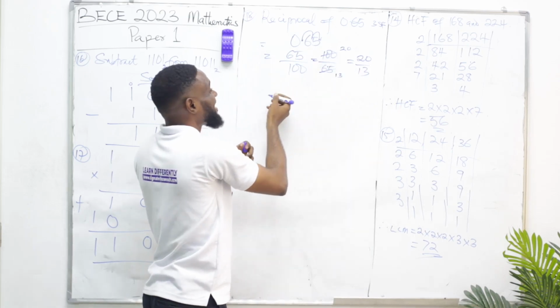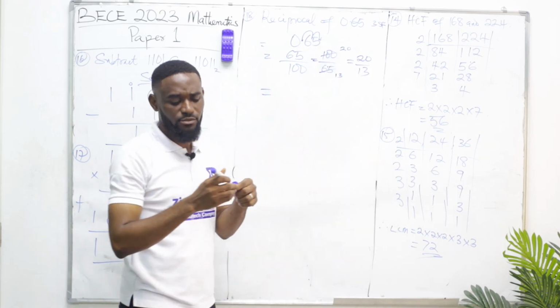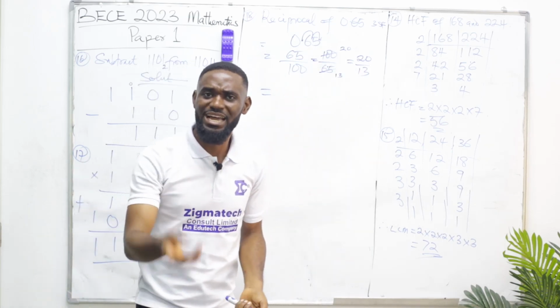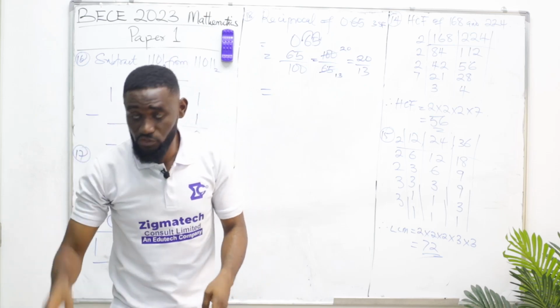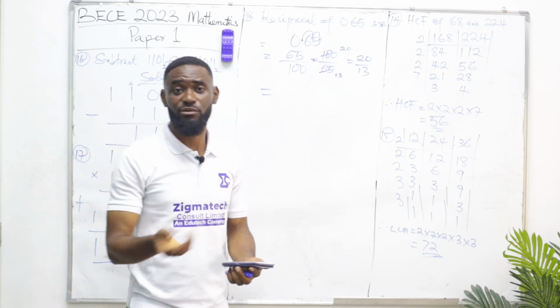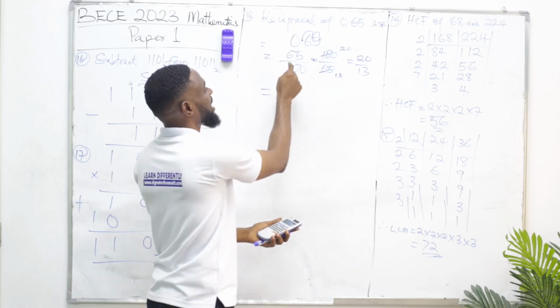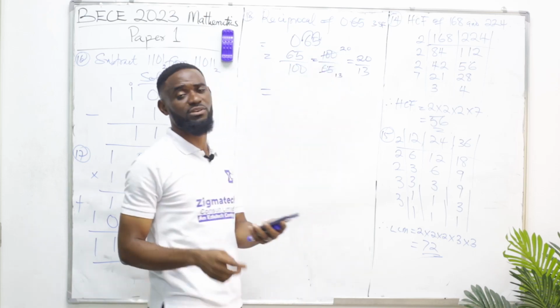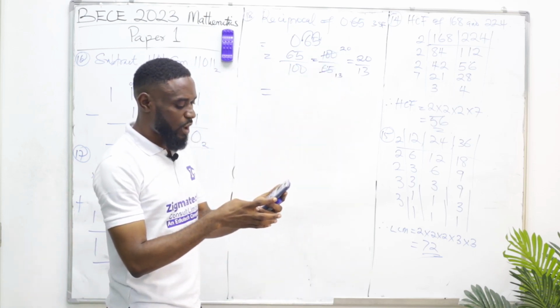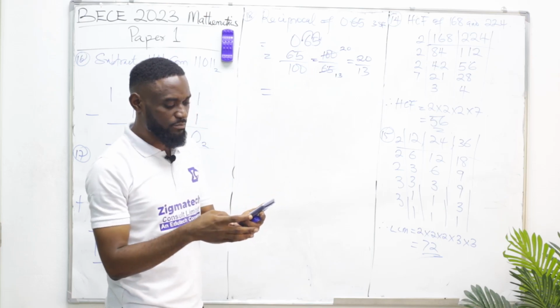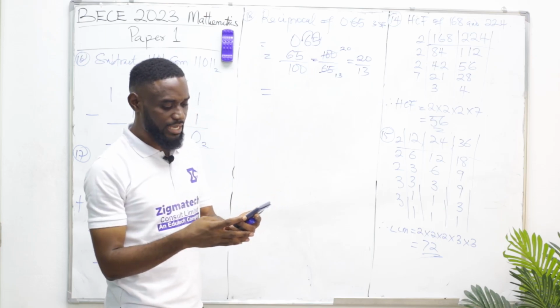We can get this in decimal number, but I'm not going to do that, okay? In BECE, you'll be allowed to use a calculator to write your mathematics. So to be fast, just use your calculator and punch this in. You can even punch it at this level, 100 over 65. So if you do 100 divided by 65, all right?